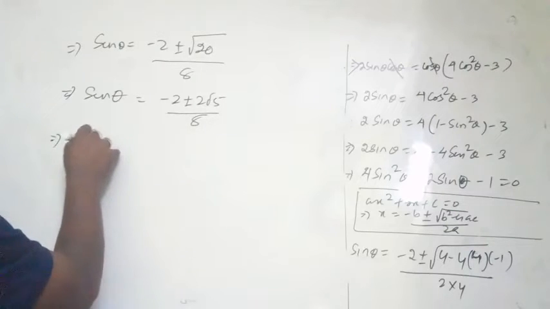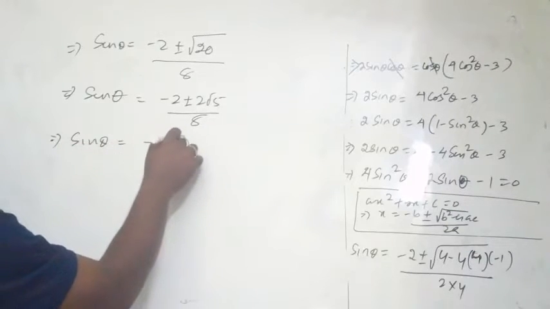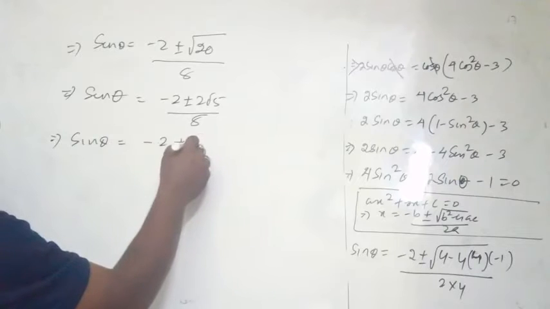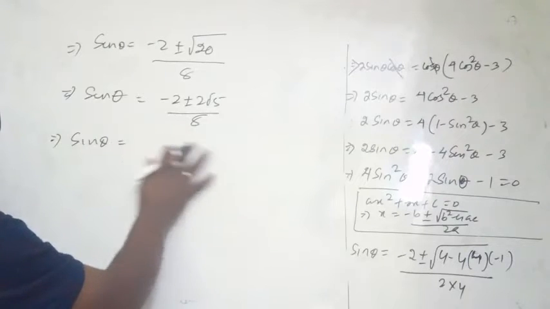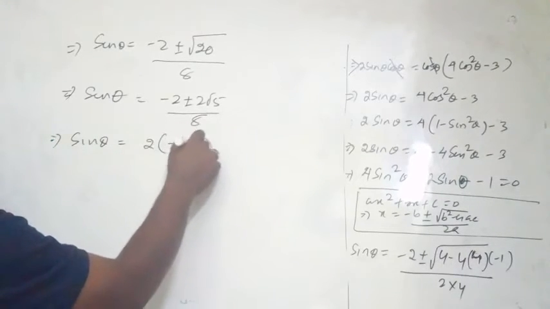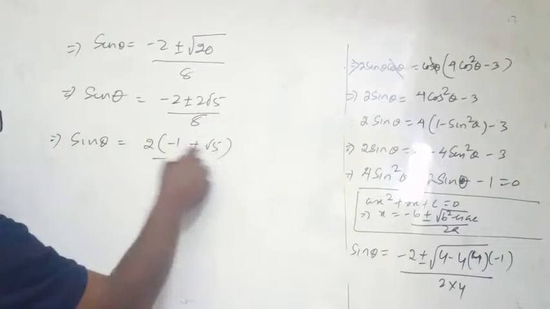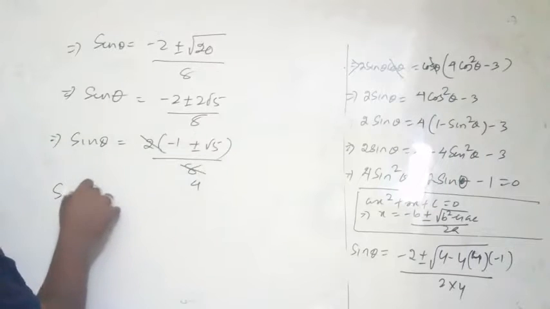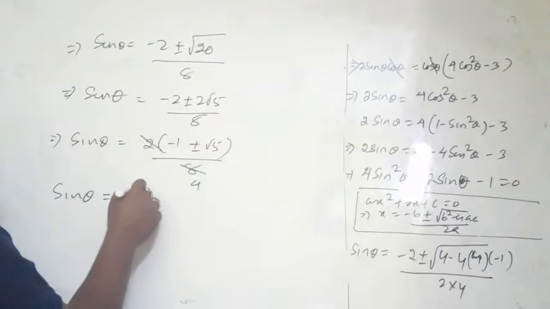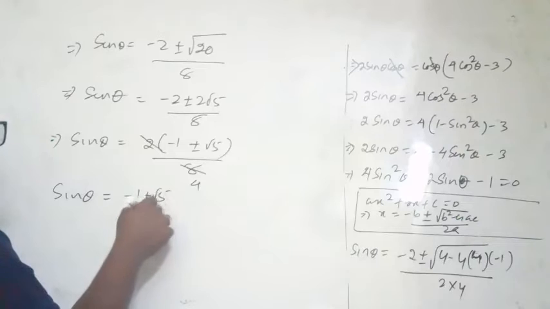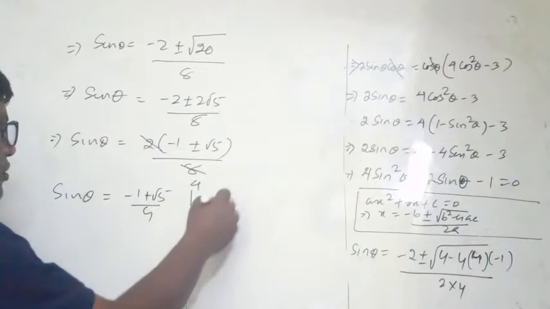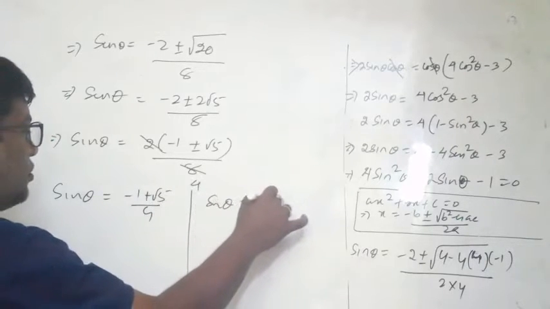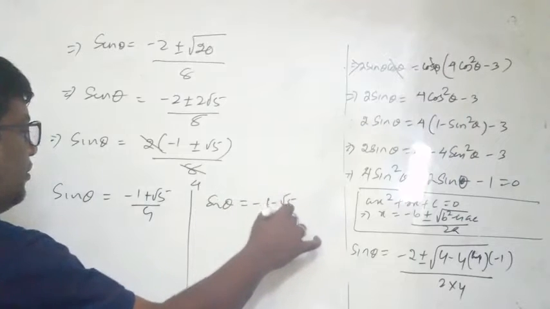So sin theta is equal to 2 common, minus 1 plus or minus root 5 by 8. This cancels with 4. So sin theta has one value, minus 1 plus root 5 by 4, or sin theta is equal to minus 1 minus root 5 by 4.